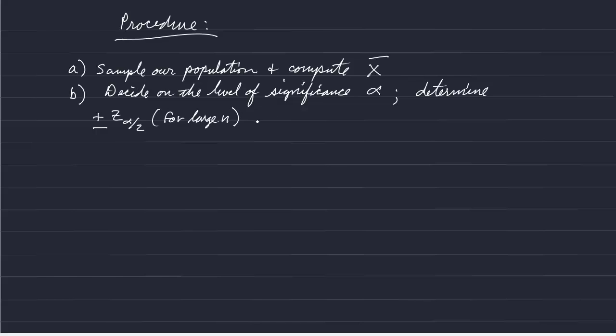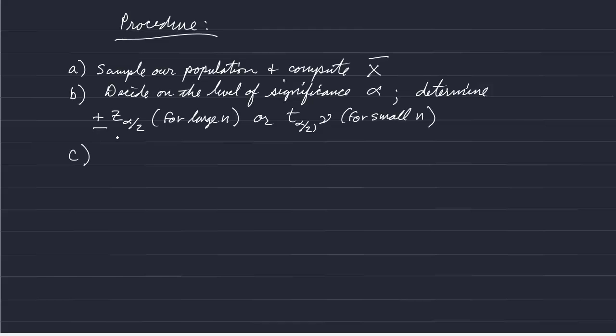Or if we have small samples, we would determine t from our t distribution for the appropriate levels of significance and the number of degrees of freedom. Again, for small samples. And we find these by looking them up in a table, or there are actually some tools in MATLAB that you can use.